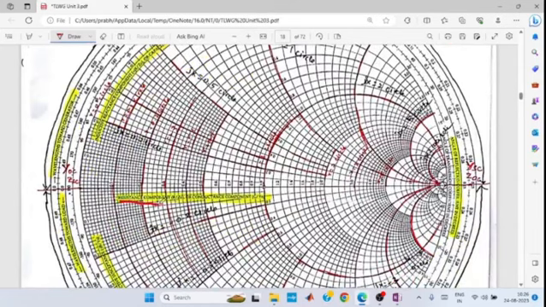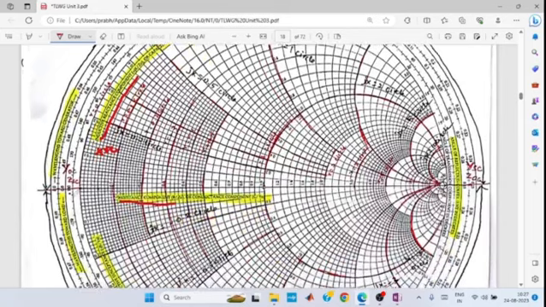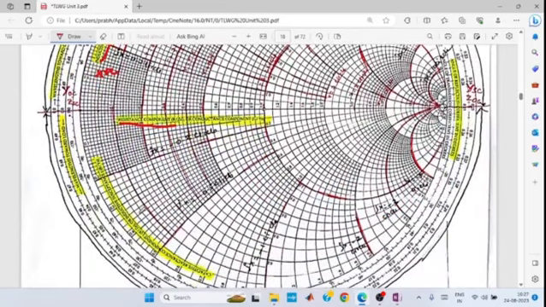This is the resistance component R by Z0, and here we can see the inductive reactance component. It is inductive reactance because the values are positive, so it is called positive or inductive reactance component. Below this real axis, we can read the capacitive reactance component. Here the reactance value is negative, so it is called capacitive reactance.